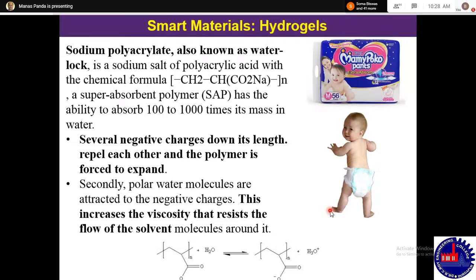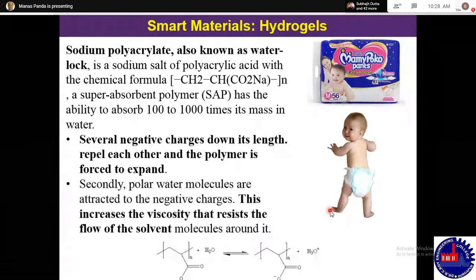Hydrogel means materials which can form gels, highly viscous solid or semi-solid, when water is absorbed in them. This material is the sodium salt of polyacrylic acid. It's a long chain carboxylic acid, and when it is made into a salt, it becomes an anionic part, and the cationic part is the sodium ion. It is a super absorbent polymer, meaning it can absorb more than 1,000 times its actual mass of water.